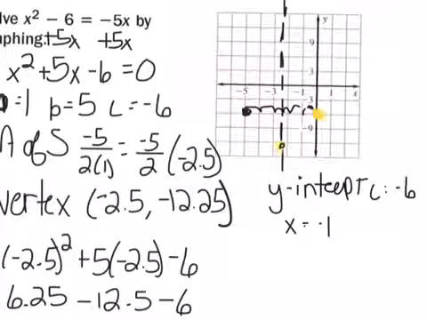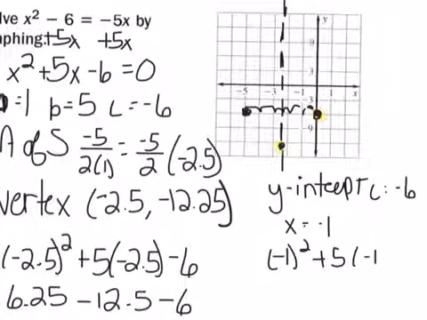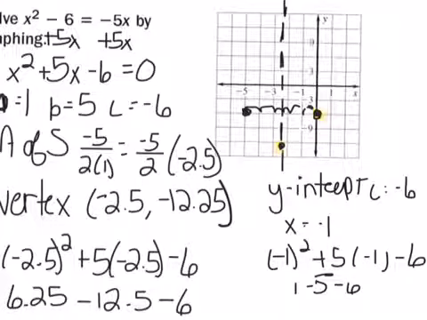Okay. Put those black dots back in there. Okay, so when I plug in a negative 1, I have negative 1, that whole thing is being squared, plus 5 times negative 1 minus 6, giving me 1 minus 5 minus 6, and when I solve that, I end up with negative 10.